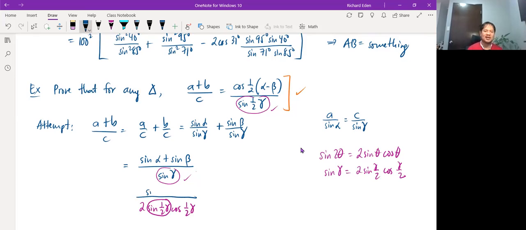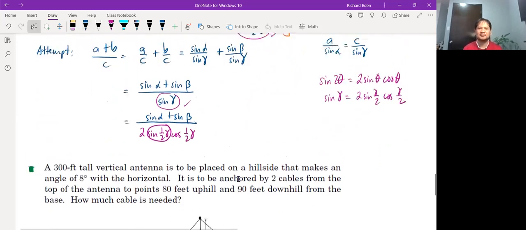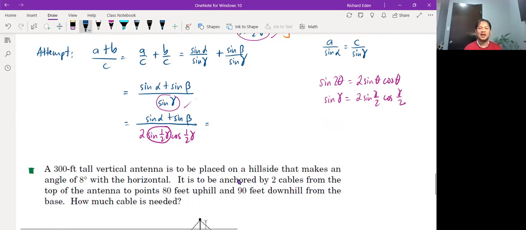Although, of course, we still have sine of alpha plus sine of beta. Move everything to the numerator. All right. So observe how right now I'm not teaching you any new theorem or new trigonometric function. It's just problem solving.